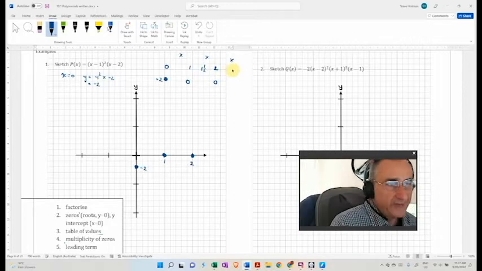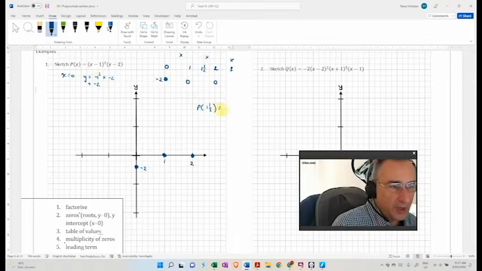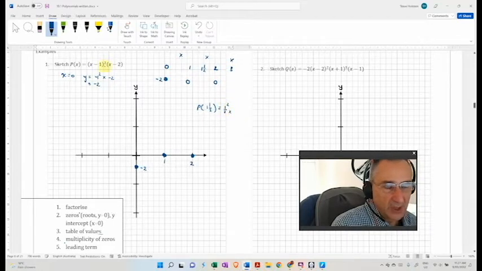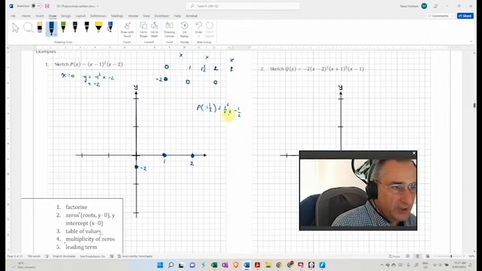And we can put in a value at 3 to see what happens up here. And let's come down here. P of 1.5 equals 1.5 minus 1 is 1/2 squared times 1.5 minus 2, minus 1/2, equals minus 1/8.